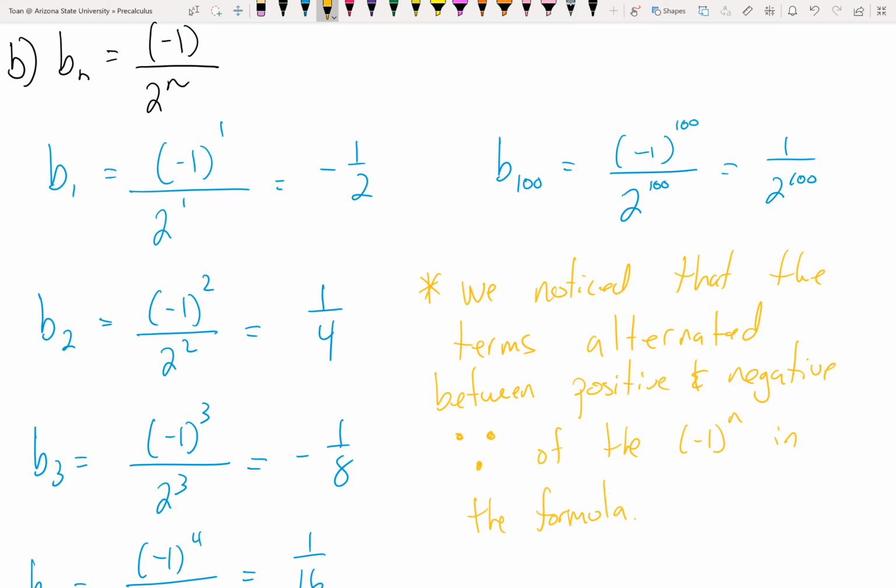That is the mathematical way of making something alternate. If you notice anything in math alternating back and forth between positive and negative, the likely culprit is probably going to be negative 1 raised to some variable exponent.